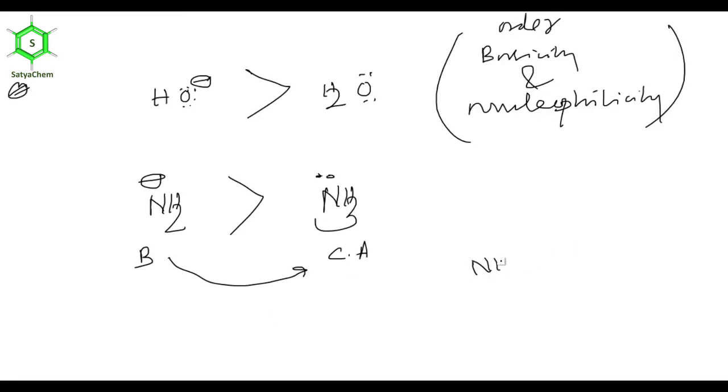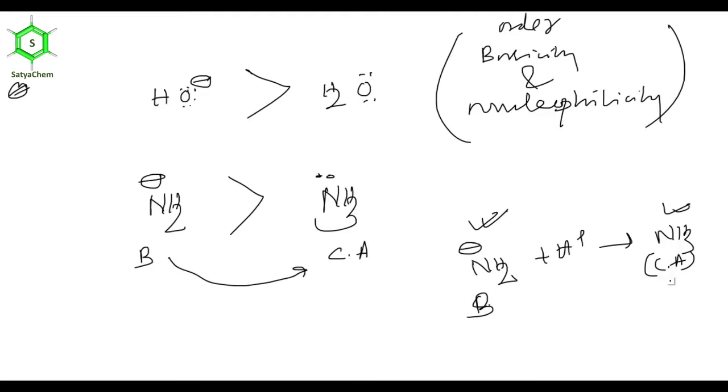Conjugate acid means whenever you try to get the conjugate acid, you add H plus. If you add H plus to NH2 minus, you get NH3. So this is the conjugate acid, this is the corresponding base. Assuming NH2 minus and NH3 are both nucleophiles, the negatively charged species will be more nucleophilic than its neutral form.